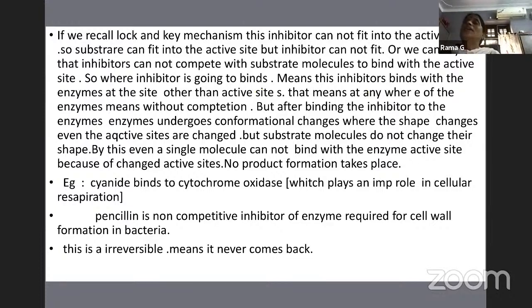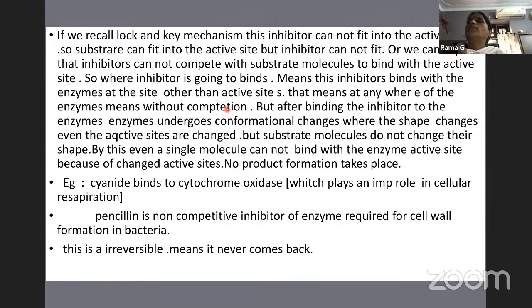They take a place on the enzyme other than the active sites, anywhere on the enzyme, without competition. So inhibitors take a place anywhere on the enzyme other than the active sites.